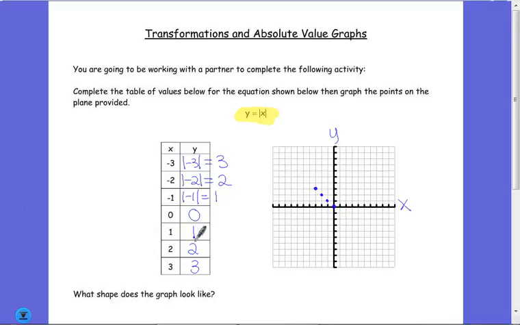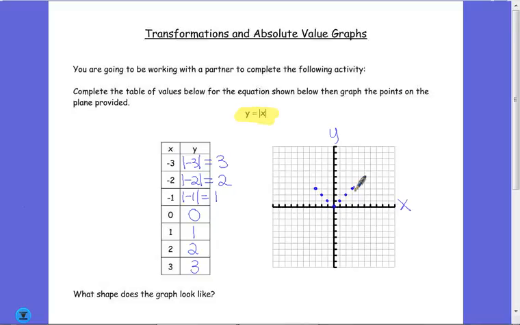Right 1, up 1. Right 2, up 2, and finally right 3 and up 3.